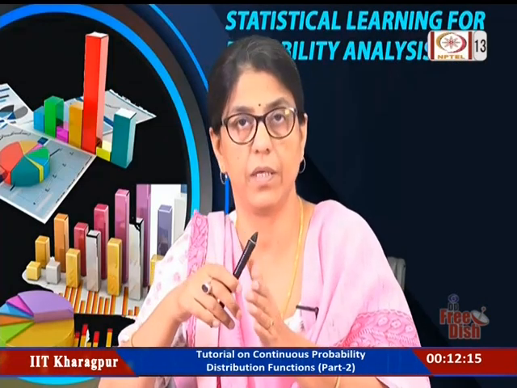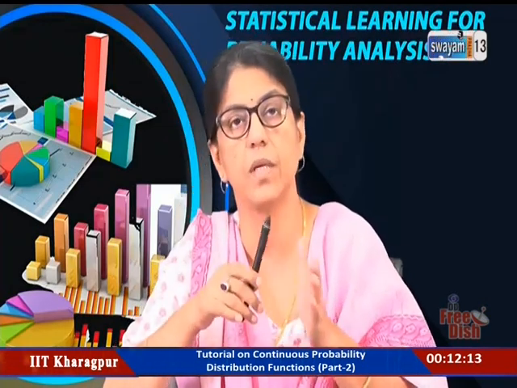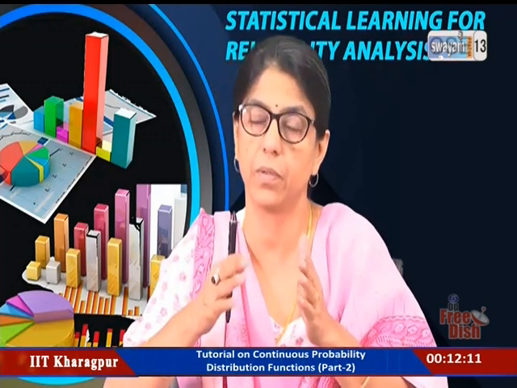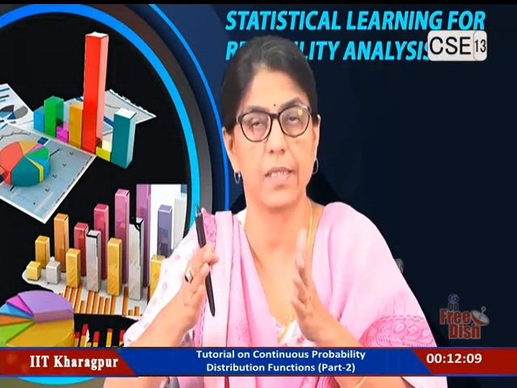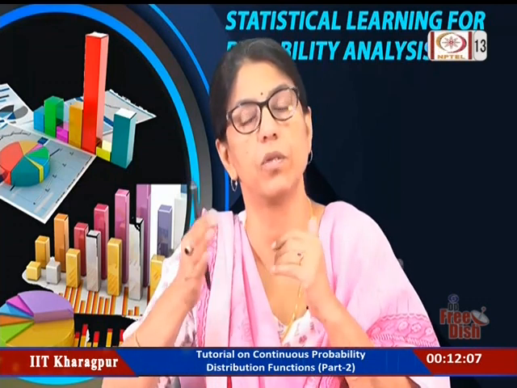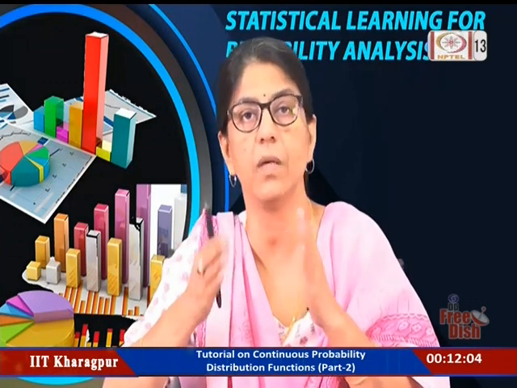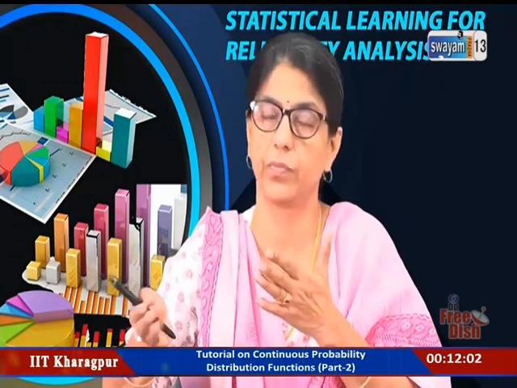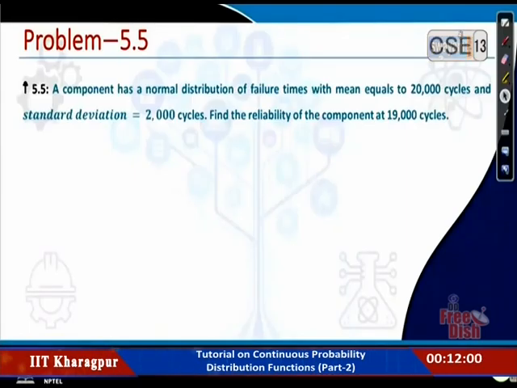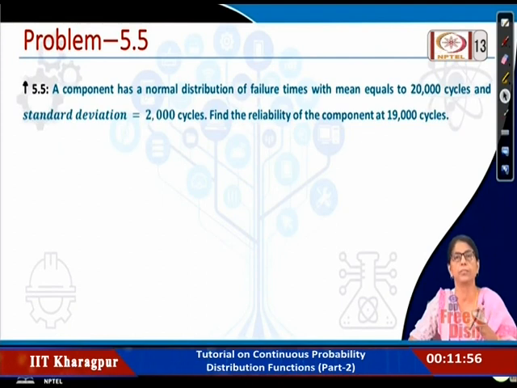Then what will be my reliability? Reliability will be simply 1 minus F of t. Okay. So that's just the difference between F of t and R of t. 1 minus F of t is R of t. That's why I'm telling you that is the reliability of the component.